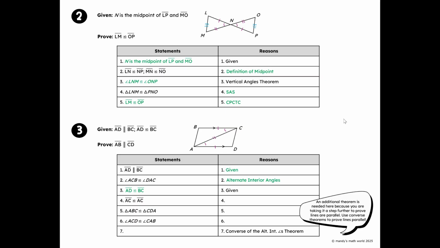Well, segment AC is congruent to segment AC by the reflexive property of congruence. So we now have enough information to conclude that triangle ABC is congruent to triangle CDA by what? Side angle side.